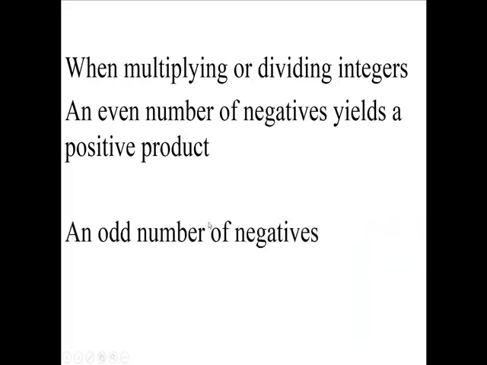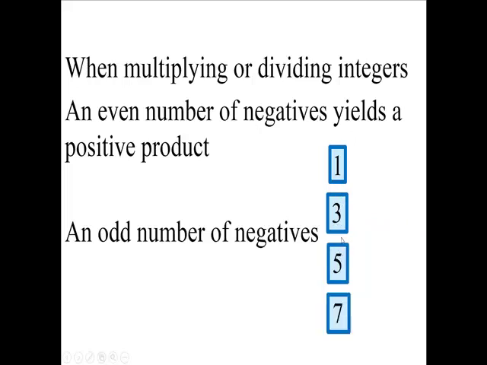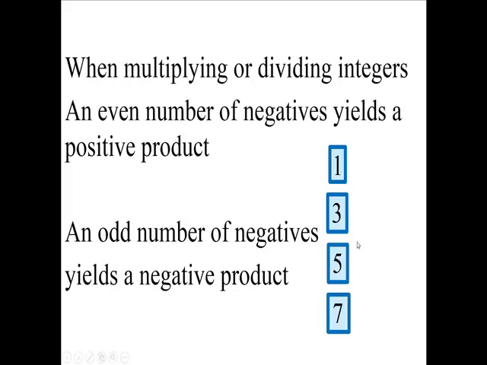Now, what if you have an odd number of negatives, like 1 negative, or 3 negatives, or 5 negatives, or 7 negatives? Really, they were all what? The same as 1, wasn't it? Now, if you have 1 negative, if you have one of the numbers that's negative, guess what it's going to be? It's going to be negative, isn't it? So 1 negative is negative, and so is 3 and 5 and 7.